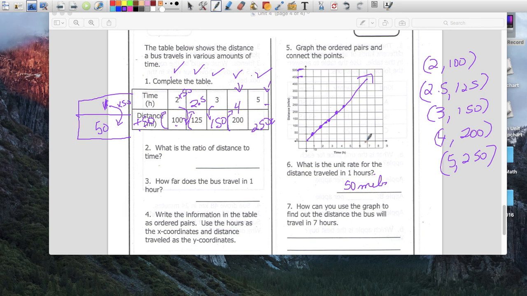Can we use a graph to find out how much you will drive in 7 hours? Yes, right here. 7 hours over here, and you go all the way up here. 7 should be 450. No, 5 is 250, 6 is going to be 300, 7 should be 350. Wow, this is one ugly graph.